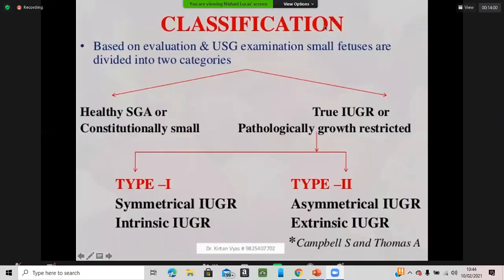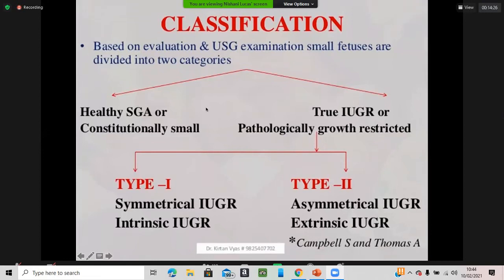So how do we classify these small babies? Right, so small fetuses based on clinical evaluation and ultrasonography are divided into healthy small for gestational age babies, or they are also called constitutionally small. The other group is true IUGR or pathologically growth restricted.